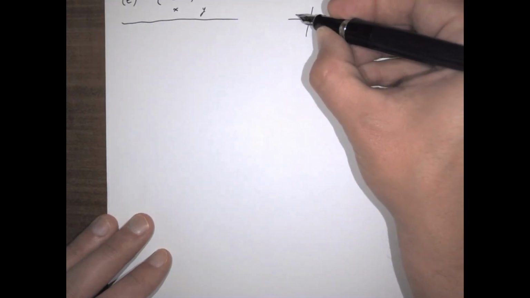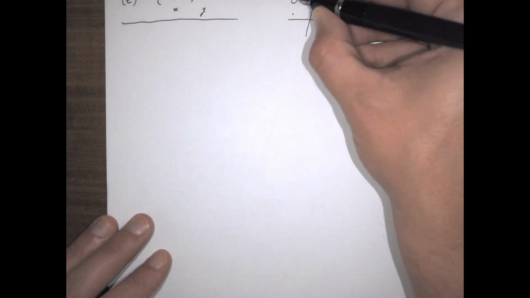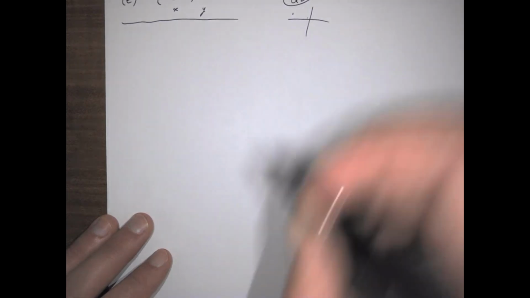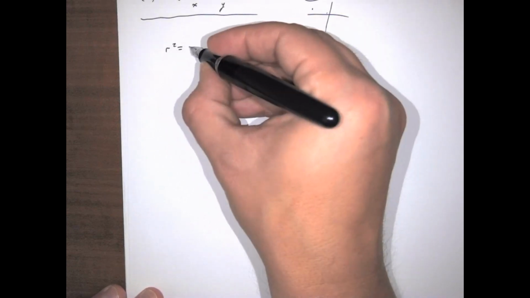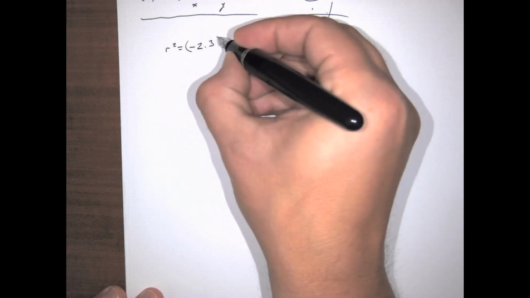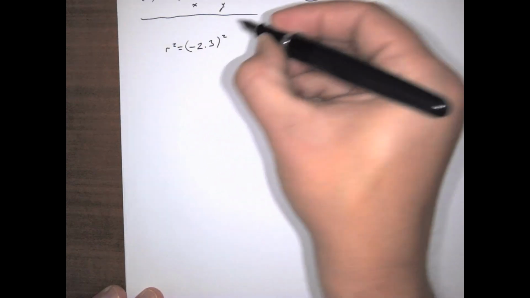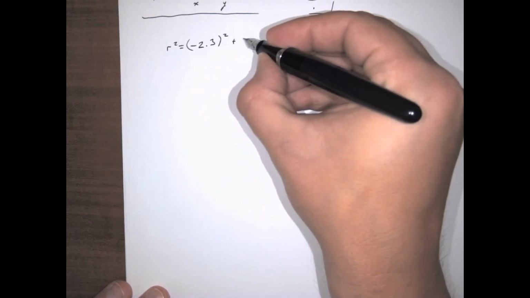Y is positive, x is negative, so we're over here, so it's in quadrant 2. Okay, well, nothing changes about our approach. The only thing that changes is that these don't become numbers we can just evaluate by ourselves. We need the help of technology.